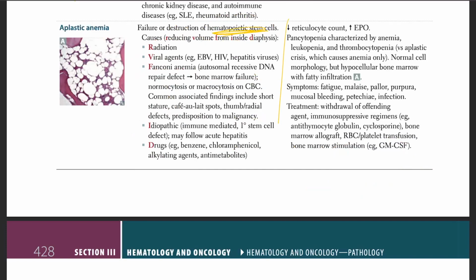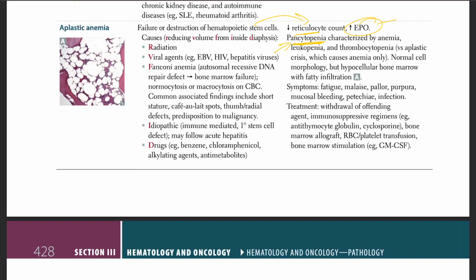So looking at the findings, we have a decrease in retics because there is no stem cell. How can you make any RBCs? So you have no retics. The body is trying to compensate, like, oh wow, where are our RBCs? So they increase the EPO, erythropoietin levels.